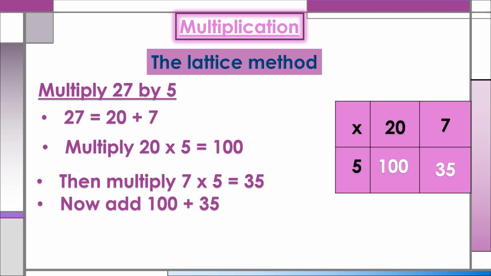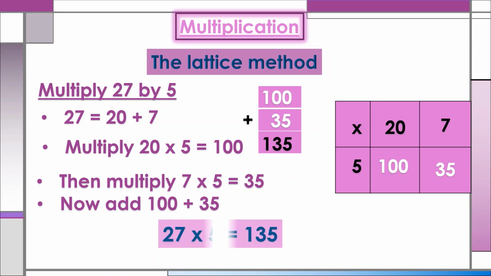We get 135. So we have to draw the box for that. Write here 100. Then next is 35. When we add, we get 135. So the answer is 27 multiplied by 5 is equal to 135.